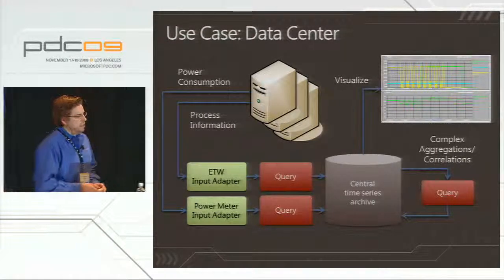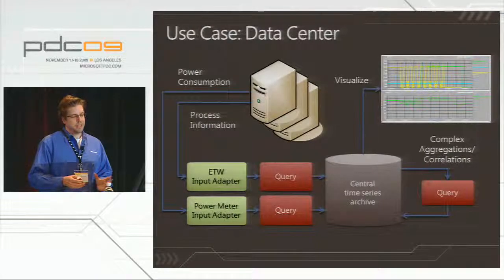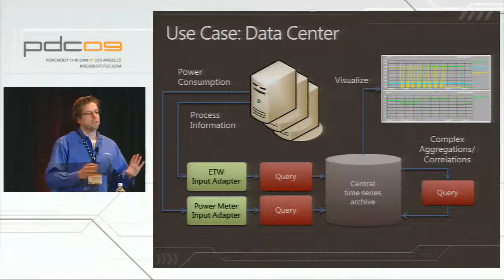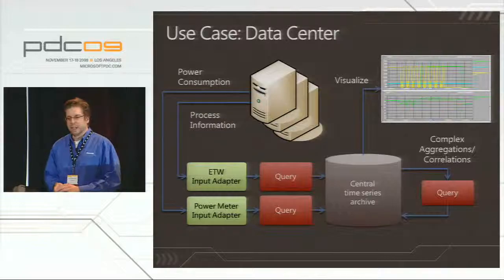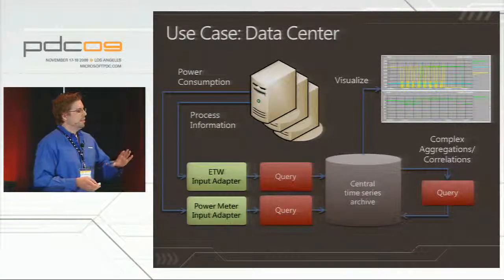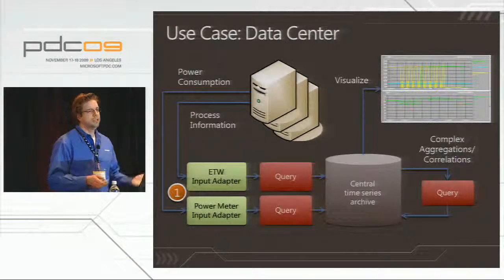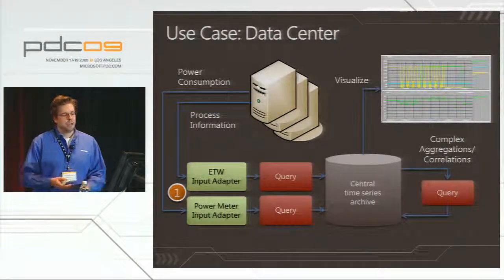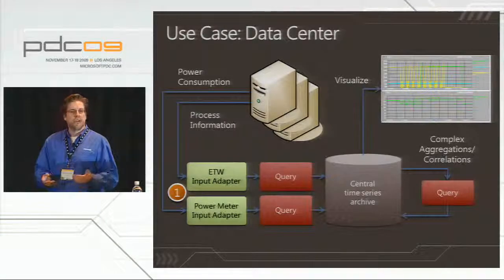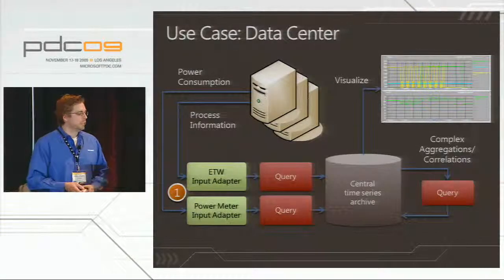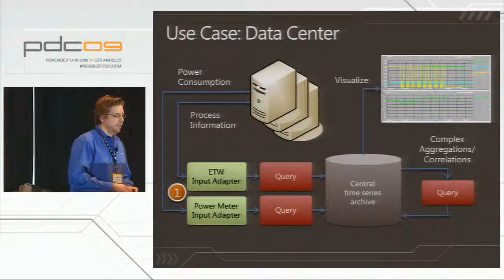To do that, we did this little proof of concept, which has a two-staged approach to that kind of processing. First of all, we are collecting the necessary data from the actual machines. On the one hand, it's power consumption data that could come from a power meter and is then streamed as CTI events through a power meter input adapter into a StreamInsight query.